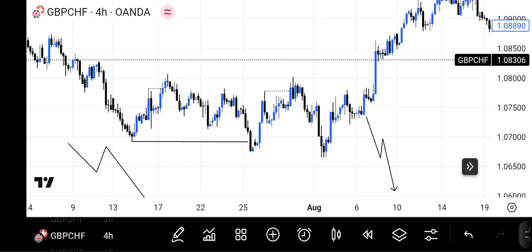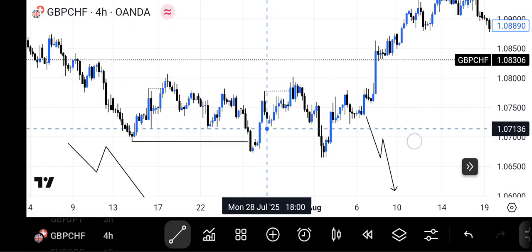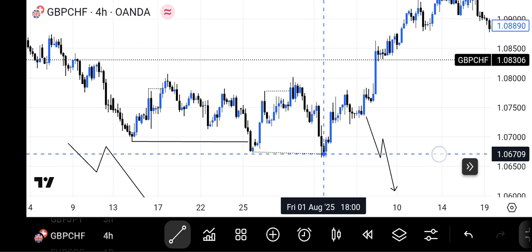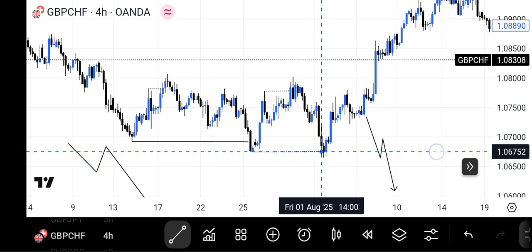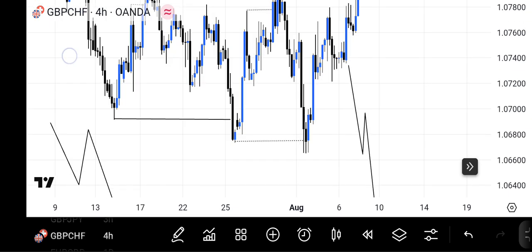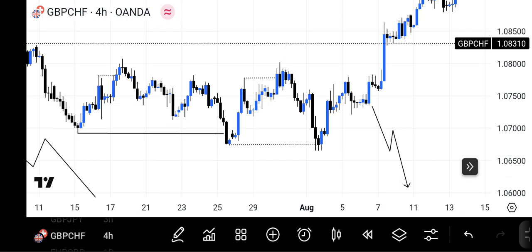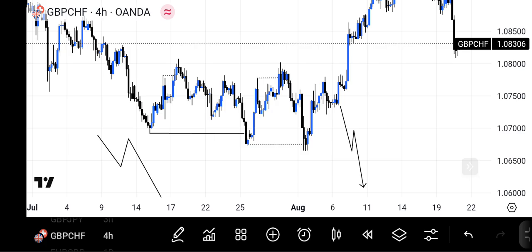Now look at this break of structure. This is not a candle break. This is a wick break. You will see that as a sweep also, a sell side liquidity sweep.